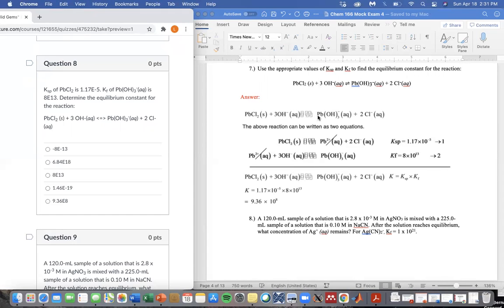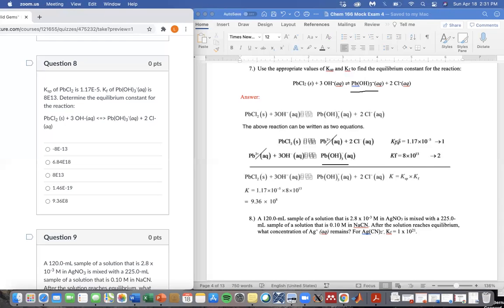So your Ksp expression is going to be this expression right here. It's your PbCl2 going to Pb2 plus and 2Cl minus. And then on the flip side of that, you have a Kf expression for this Pb(OH)3 negative value. And so that one is going to be the Pb2 plus plus 3OH minus yields Pb(OH)3 negative aqueous.